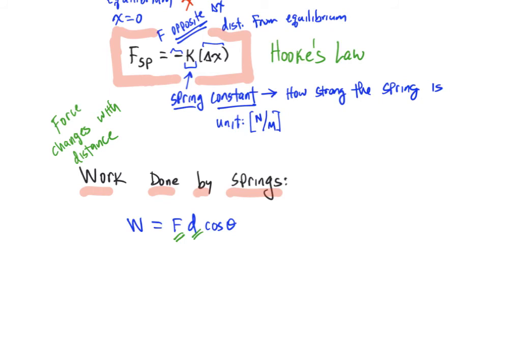I'm not going to go ahead and derive this equation for you, but it turns out that there is a way of dealing with this situation. And maybe the simplest way to think about it is that the work is going to be the average force times the distance. And the way to calculate the average force is to take the initial force and the final force, and divide by 2.